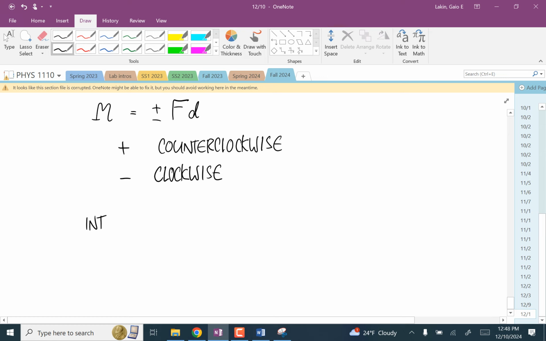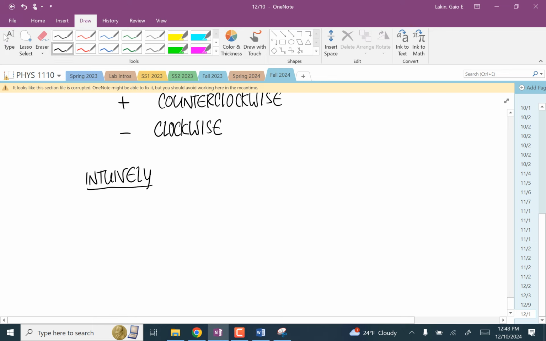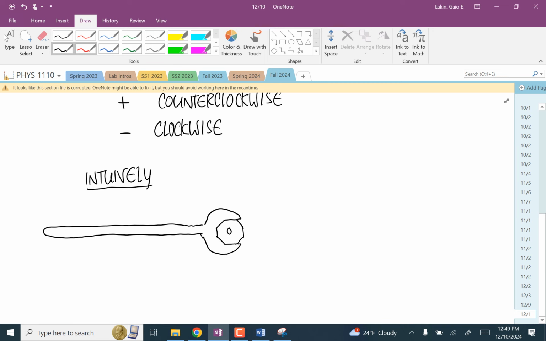Again, just to understand intuitively what's going on, imagine trying to turn a bolt that isn't turning very easily with a wrench. Say that you're capable of applying 100 newtons of force to this wrench.